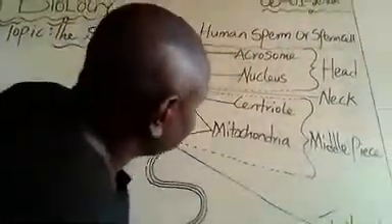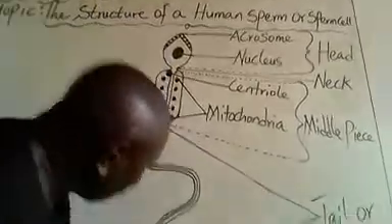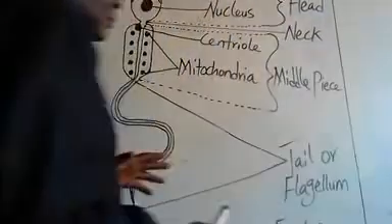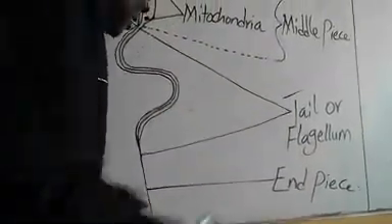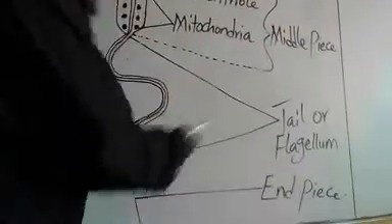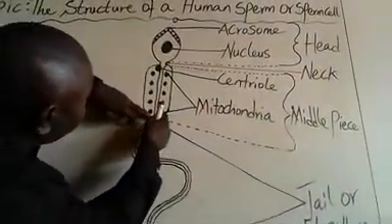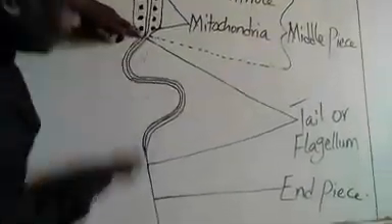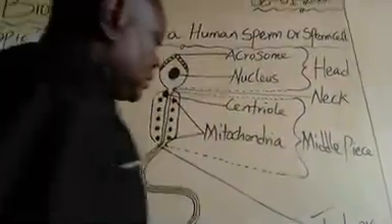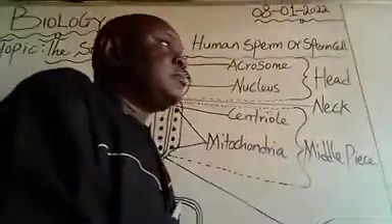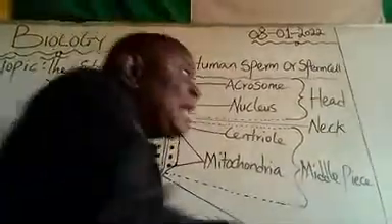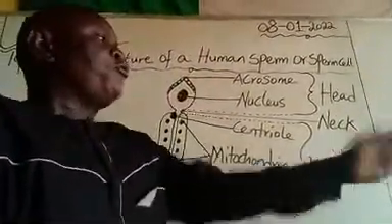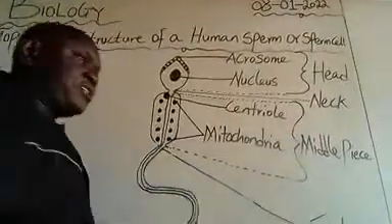From here downwards, we call it tail or flagella. End piece is part of the tail. The function of the tail is that it helps the sperm to swim and move very well.